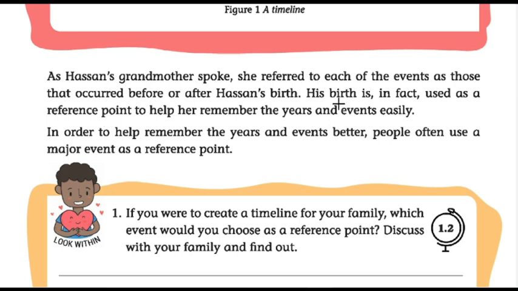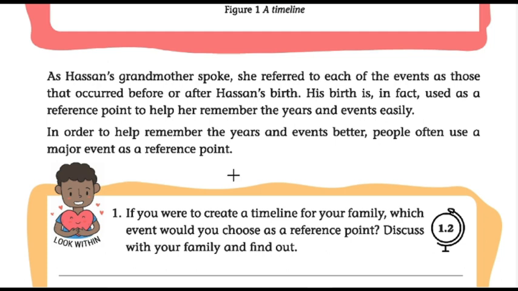In order to help remember the years and events better, people often use a major event as a reference point. In the same way, everybody uses important events as reference points in their lives.